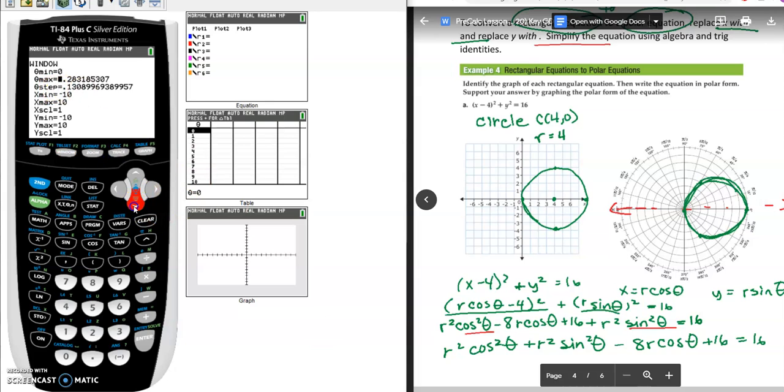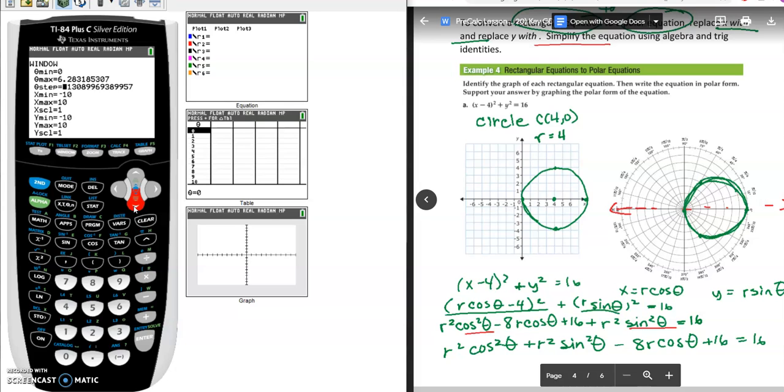I know it's in decimal form right now, but you can certainly do it how we would normally. On our graph, it looks like we're going every pi over 12, so you might want to put that.